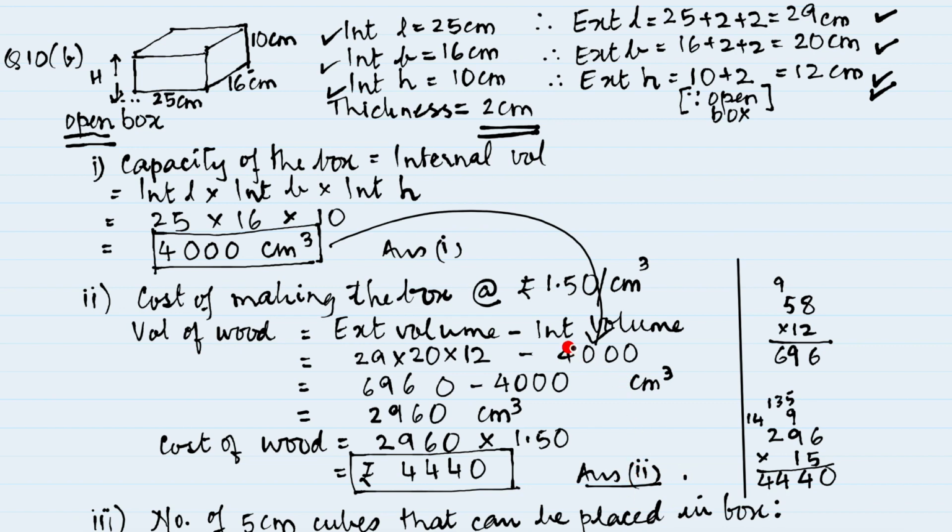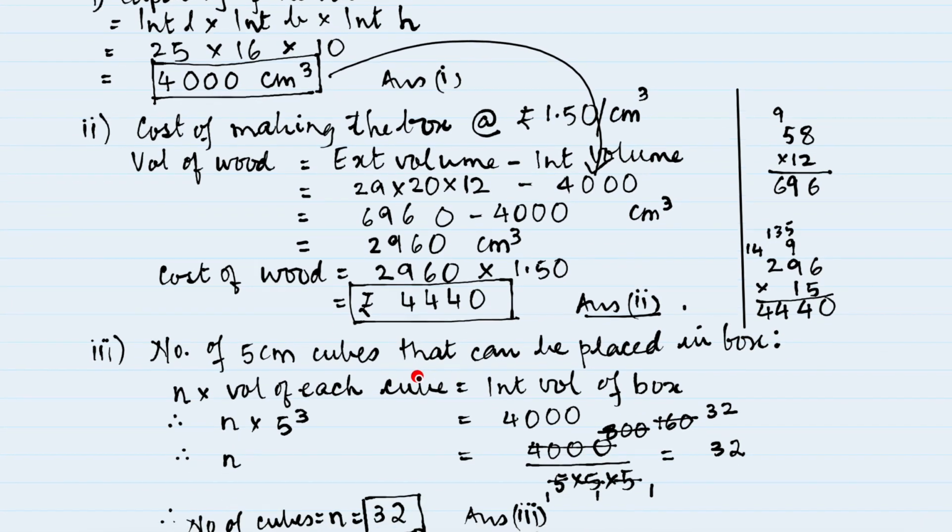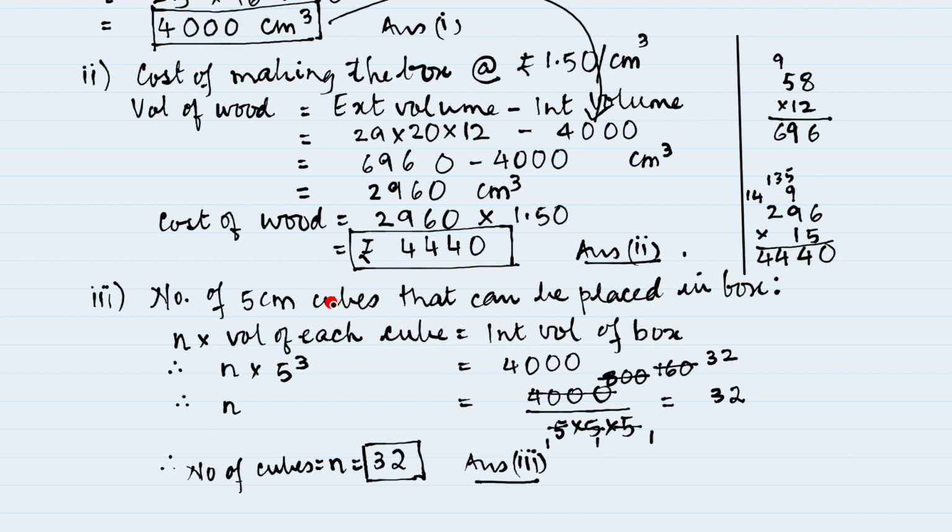Okay. Now the third one is the number of 5 centimeter cubes that can be placed in the box. So the total volume of the cubes, that is n into volume of each cube, will be equal to the internal volume of the box, which we already know is 4000 centimeter cube. The volume of a cube is given by side cube.